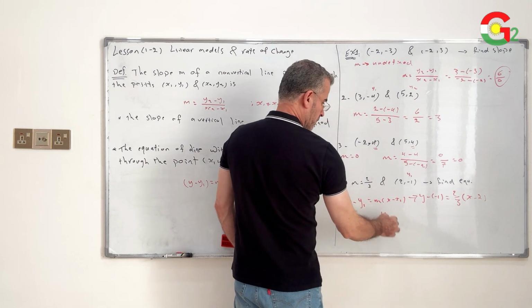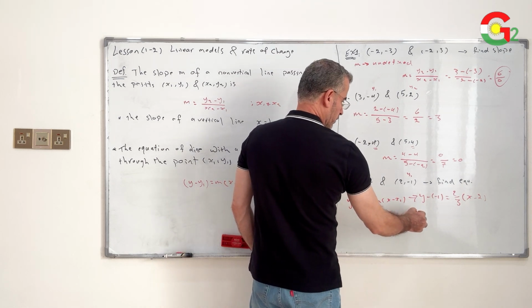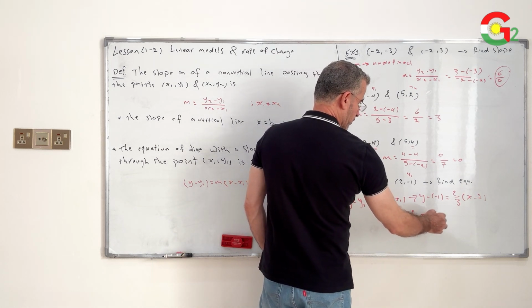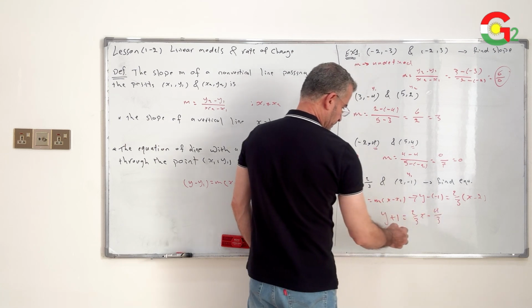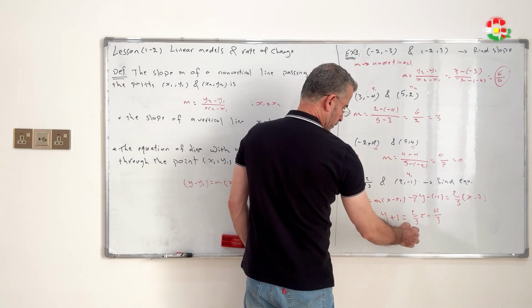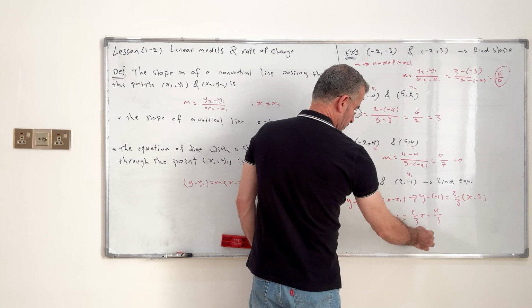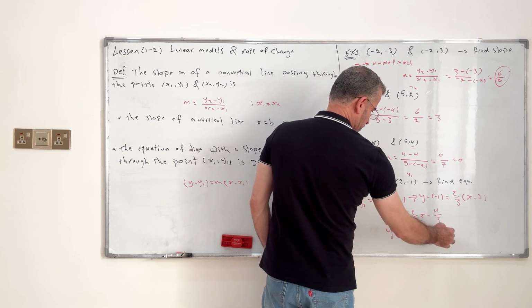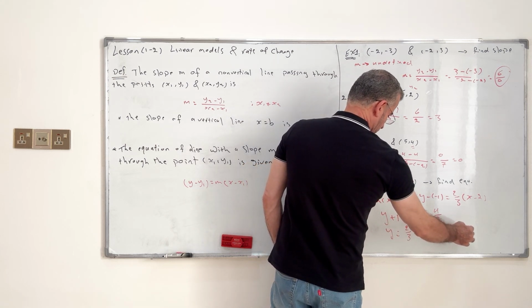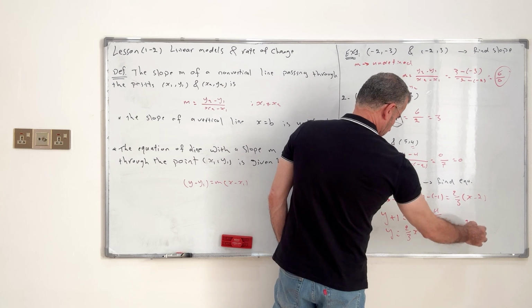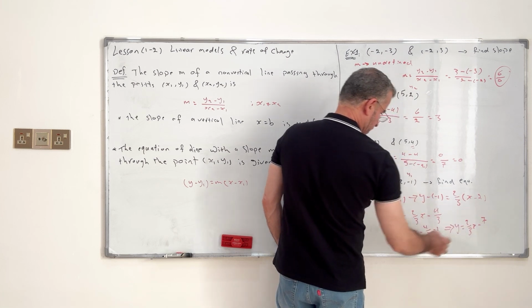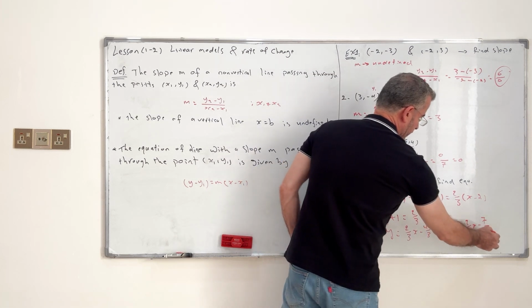Simplify this: y plus 1 equals 2 over 3 x minus 4 over 3. y equals 2 over 3 x minus 4 over 3 minus 1. The slope-intercept form is y equals 2 over 3 x minus 7 over 3.